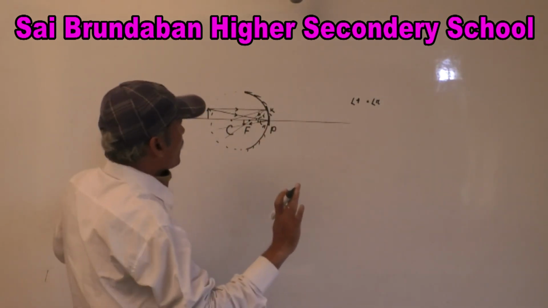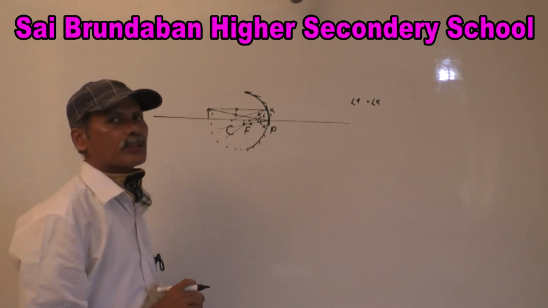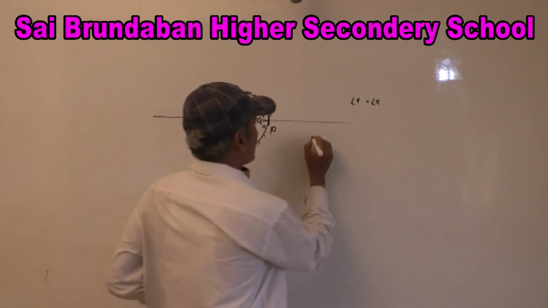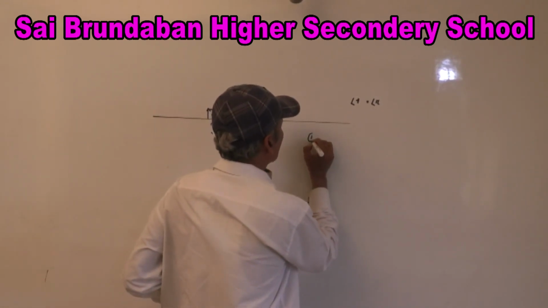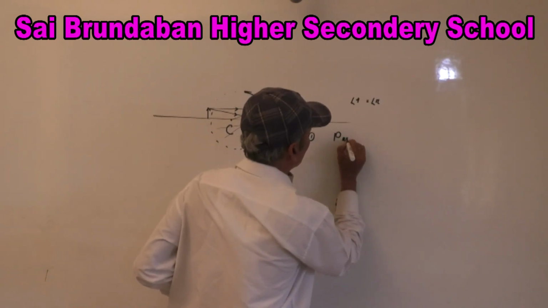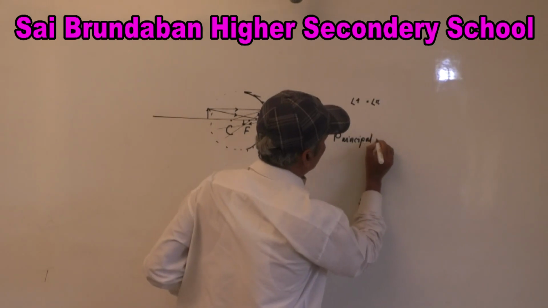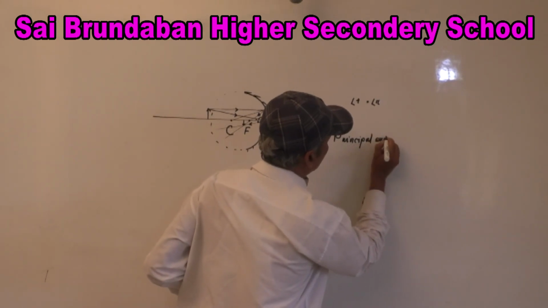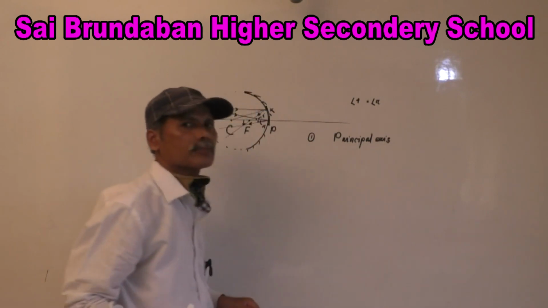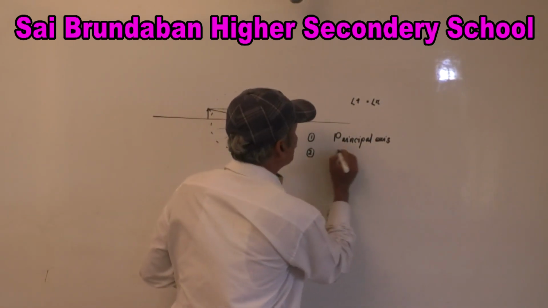So from this picture, we came to know: one, principal axis. Two, pole.